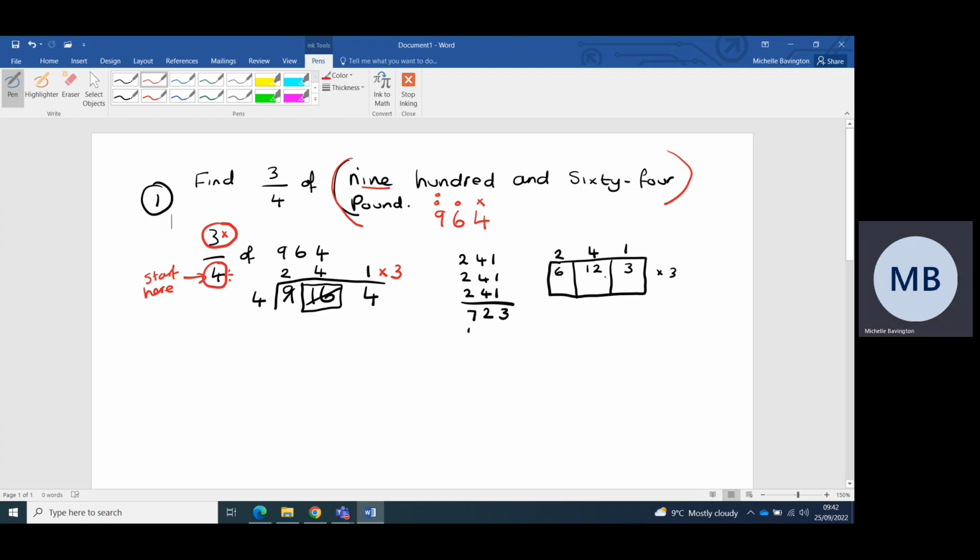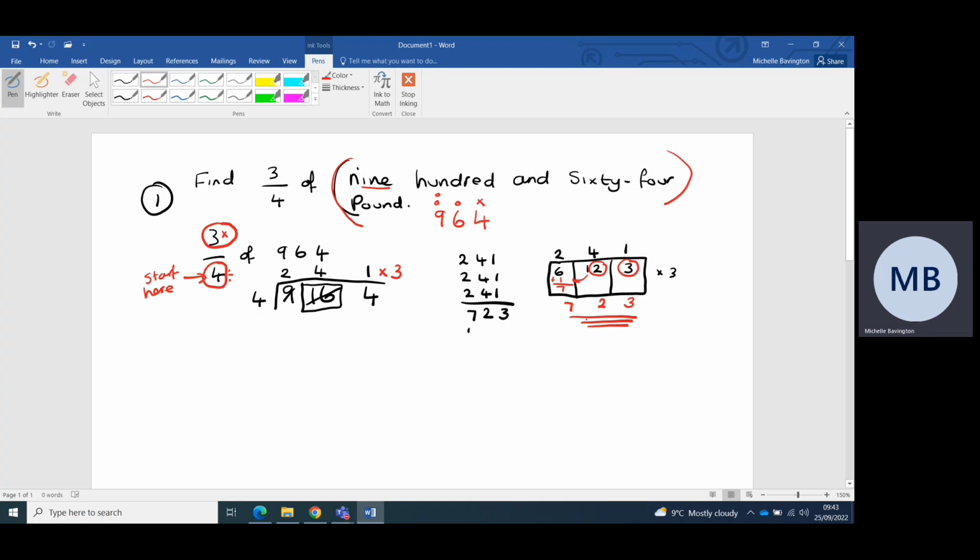We keep the last number. Well, there's only one number there, so we're going to keep that, which is 3. The next box, well, that's our last number, so I'm going to keep that. And I've got 1 left. Now that 1, I'm going to add to the 6, which gives us 7. So that's our last number, 7. 723.